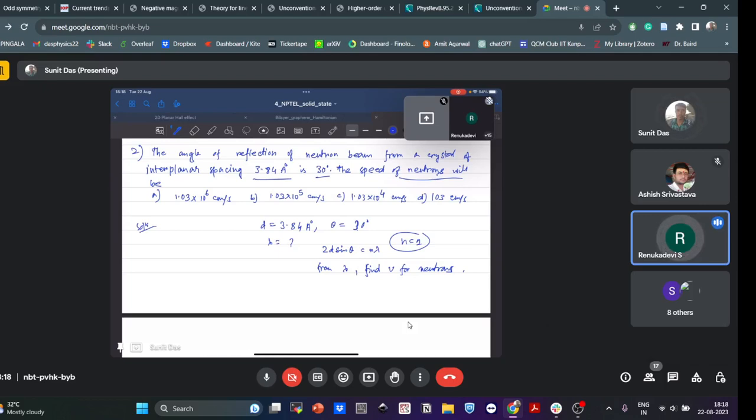I also referred to the book, but at that time also I could not understand the idea. Okay, so which books are you referring to? Sir, I am referring to two authors, M.A. Wahab and S.O. Pillai, Solid State Physics. Every book is good. Are you given a reference book? I think Kittel, that is in PDF format.